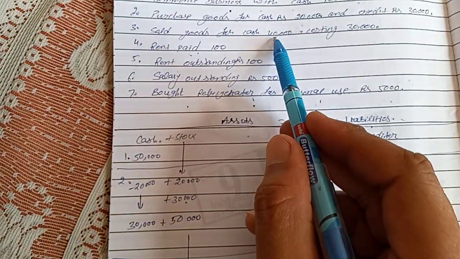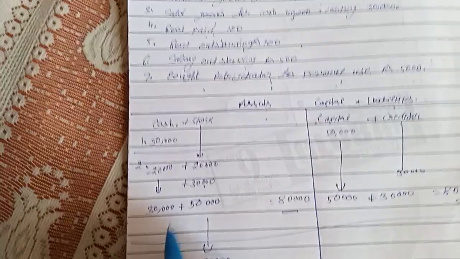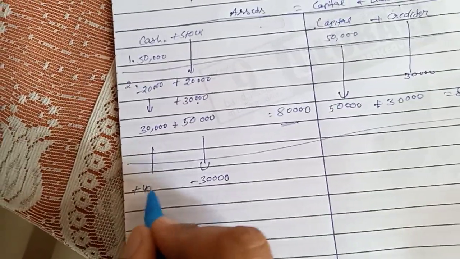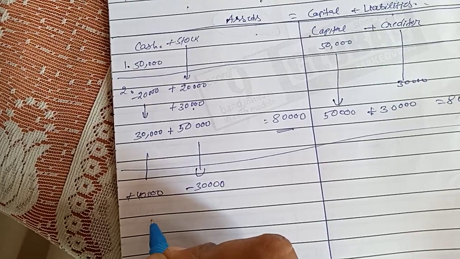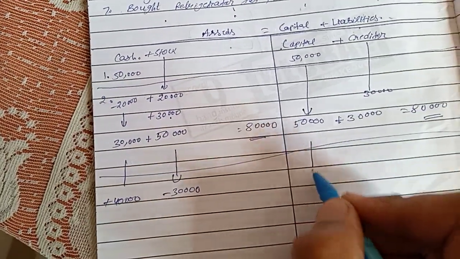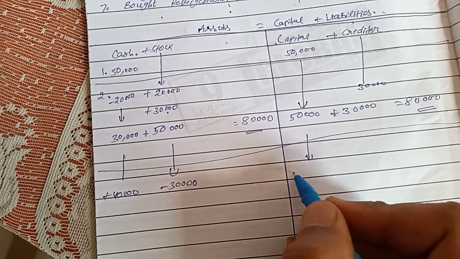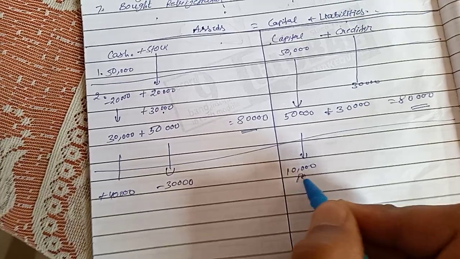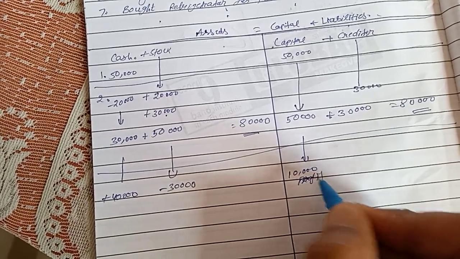And we received cash 40,000, so we will add back 40,000 in the cash. Yes, we earned a profit of 10,000. You know very well, profit we will add back in the capital, 10,000 profit. Clear?